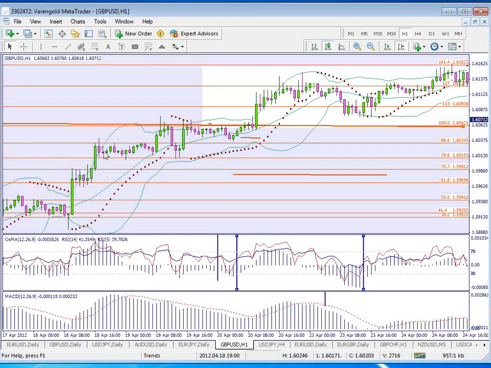the pairs are active in the London session, so this is something like 7 GMT and up to, I don't know, late in the afternoon, maybe 5 or 7 GMT, even earlier.